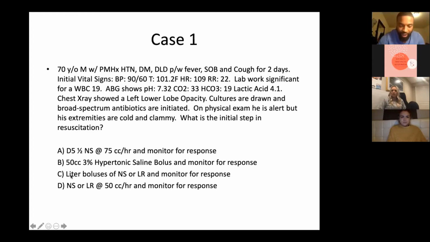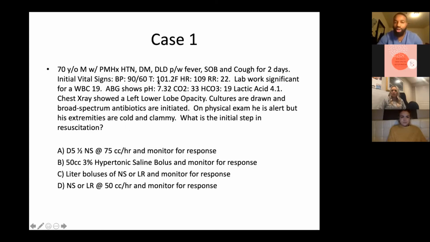So you would give C, which is the liter bolus of normal saline, and see how the patient responds. If a patient responds well or holds up, then okay, maybe it was due to dehydration or whatever the case may be.